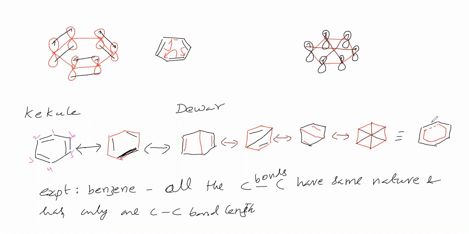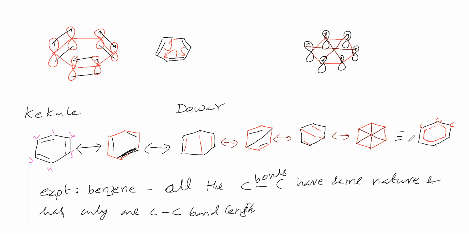Between this carbon and this carbon one sigma bond is there, and a pi bond is there. Between this carbon and this carbon one sigma bond is there, and a pi bond is there. Therefore, the bond between these two carbons and the bond between these two carbons have the same nature. Therefore, this carbon-carbon bond length and this carbon-carbon bond length are the same.